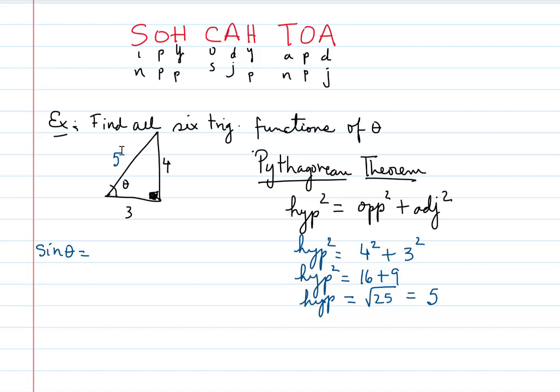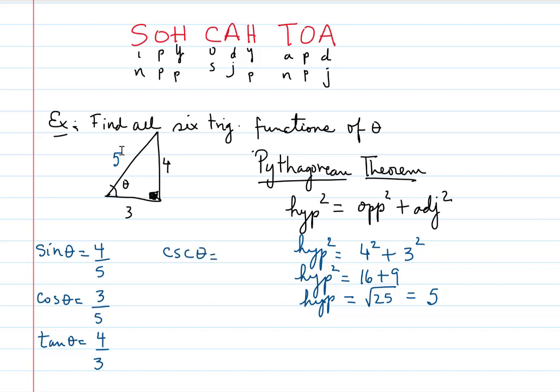Now we're able to find the trig functions of theta. Sine of theta would be, remember, go back to our definitions. SOH CAH TOA: sine is opposite over hypotenuse, opposite of theta is 4 over hypotenuse 5, right? Cosine of theta would be adjacent over hypotenuse, tangent of theta is opposite over adjacent, and then the other 3, if you remember, those first 3 are easy to calculate.